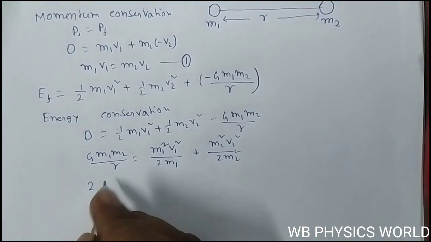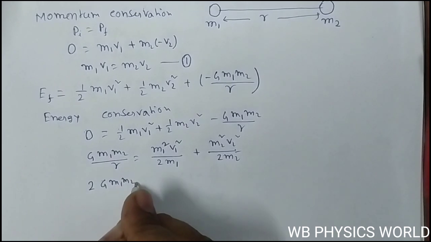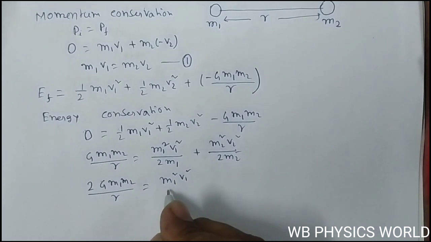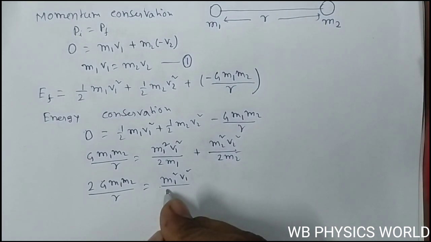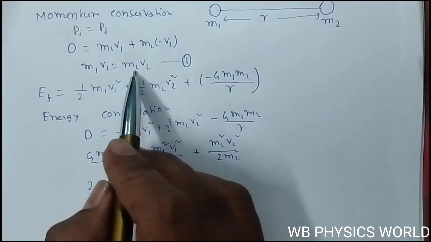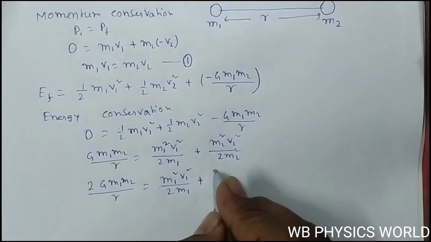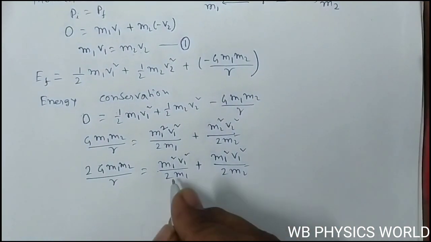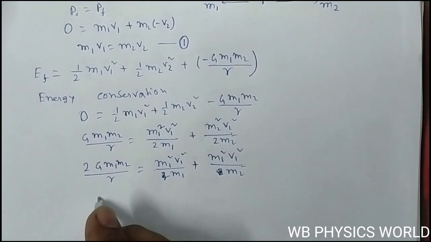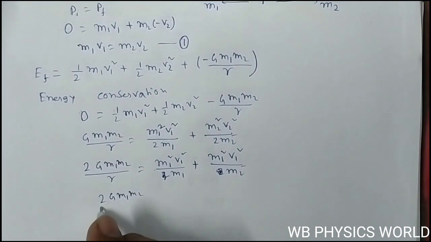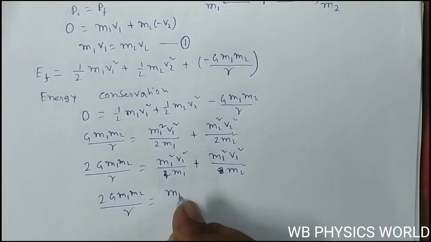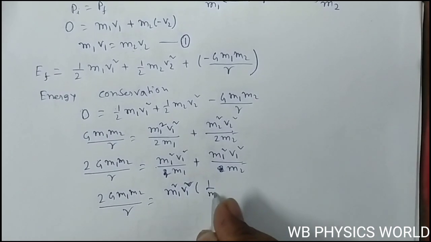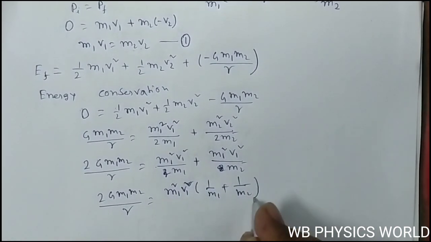Multiplying by 2 on both sides, 2G m1 m2 by r equals m1 square v1 square by m1, and from equation 1, m2 v2 is m1 v1, so this is also m1 square v1 square by m2.